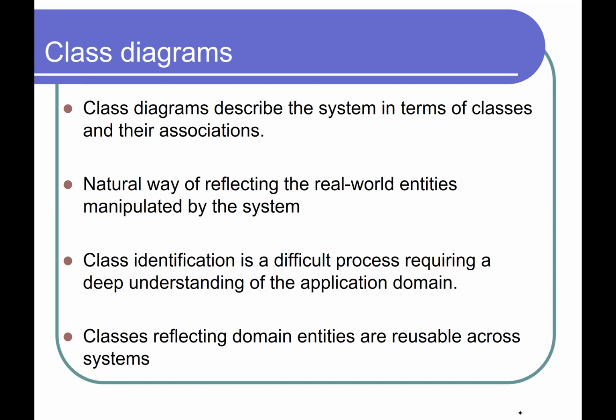Class diagrams describe the system in terms of classes and their associations. They're the only static modeling. It is really a natural way of reflecting the real world entities that are manipulated by the system.